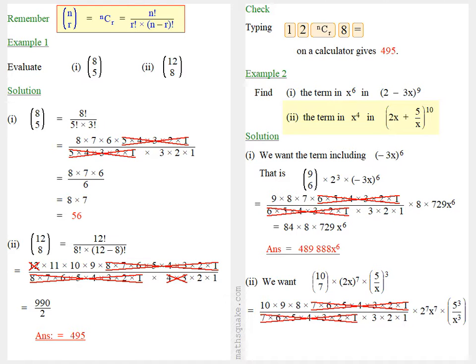Now we can cancel 7 factorial top and bottom, and that leaves us with 10 times 9 times 8 over 3 times 2 times 1. Then we've got times 2^7 times x^7 times 5^3 over x^3, which gives us 120 times 128 times 125 x^4, which is equal to 1,920,000x^4.